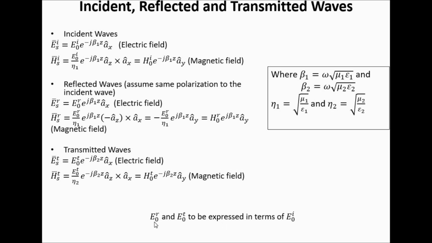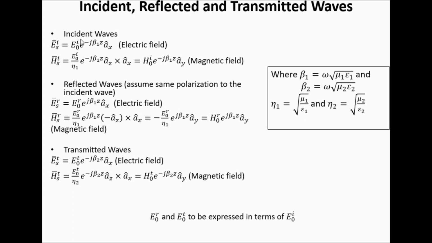This is what we are basically looking for, because in this case you see we have a lot of things to know: beta 1, eta 1, E0I, then E0R, E0T. But E0I will be partly reflected and partly transmitted.